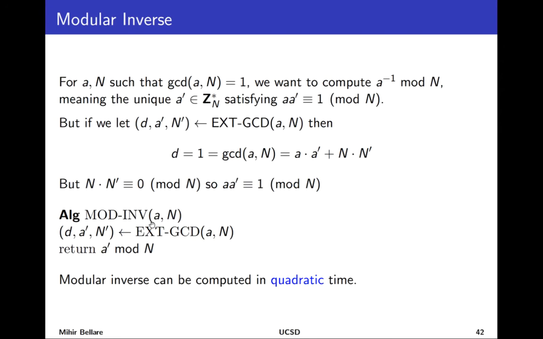I run extended GCD on A and n, and then I return A prime. For good measure, I take it mod n if necessary. And all this shows that it's a good inverse. So this is quite a nice thing. We now have the ability to compute modular inverses in quadratic time. So even on very, very large groups, we will actually have fast algorithms for inverses.